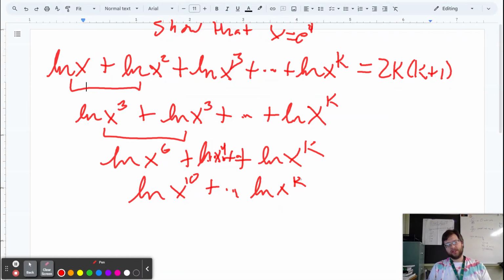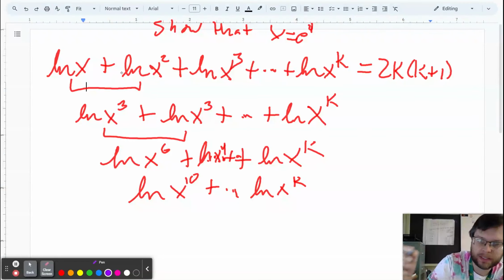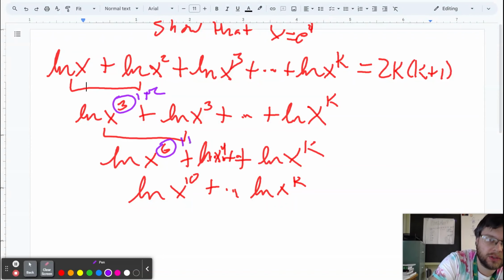What I'm noticing is that the power that I'm getting here is the sum of the first n natural numbers. So like this right here is 1 plus 2. This is 1 plus 2 plus 3. This is 1 plus 2 plus 3 plus 4.